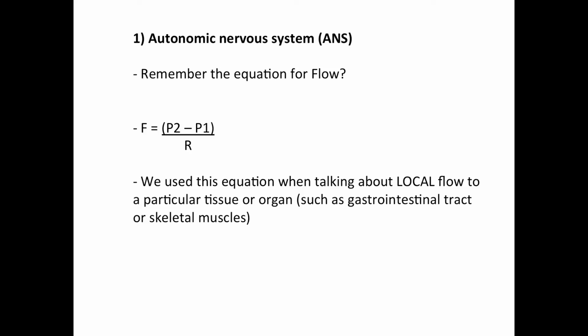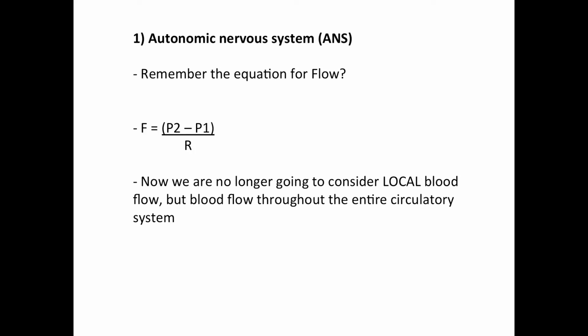Flow equals P2 minus P1 over the resistance. All right, and we talked about changes in local flow. But now we're going to start talking about global changes in flow, throughout the entire circulatory system.